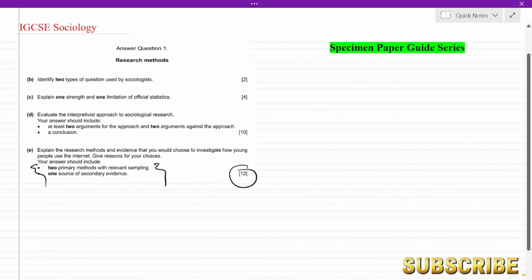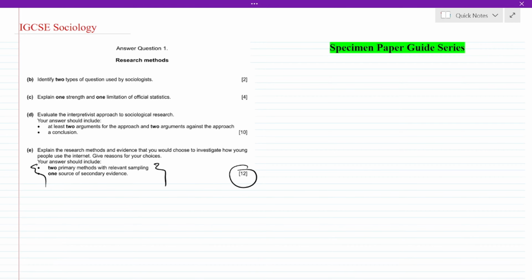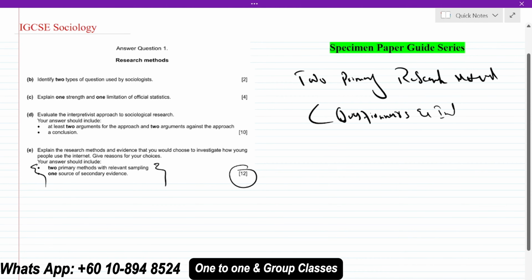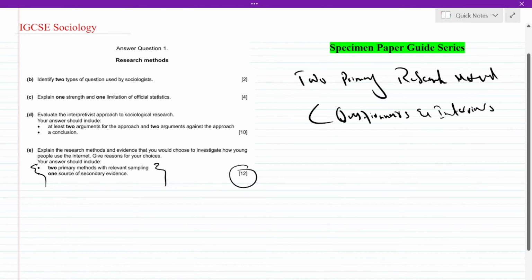answer, right? So as I told you, 2 primary research methods that might include questionnaires and interviews, with relevant sampling.